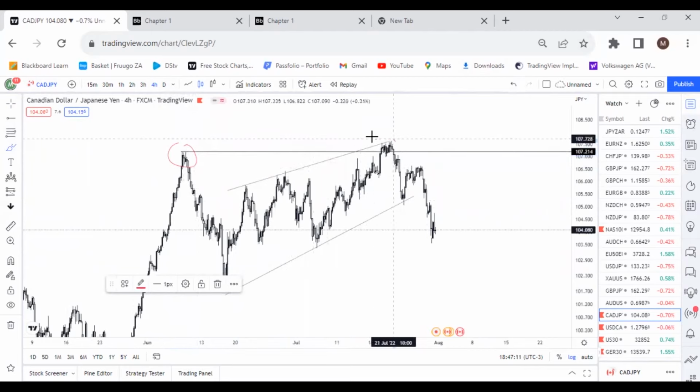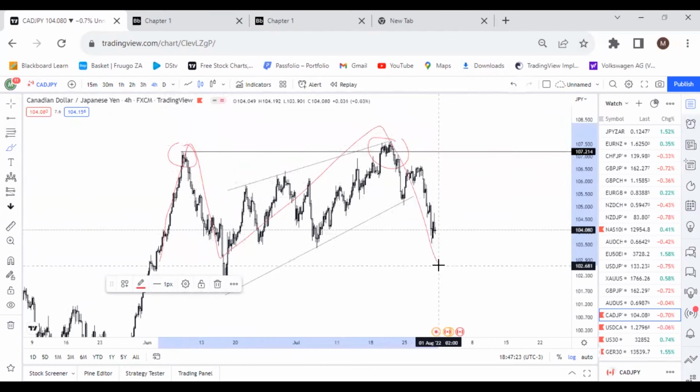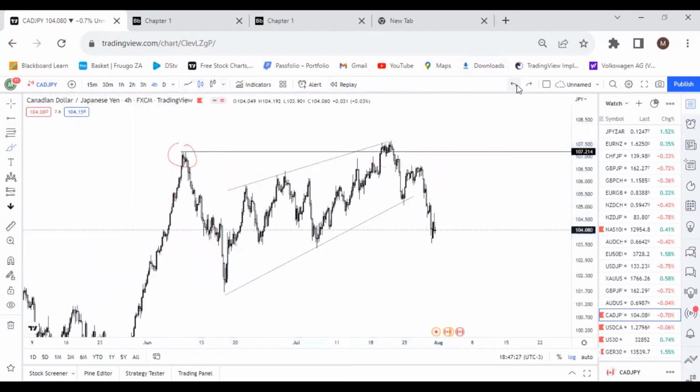Firstly, we have this double top. We call this a double top, or in simple terms, it's just an M pattern. As you can see, it's basically an M pattern. So that was a strong confirmation of this structure selling to the downside.